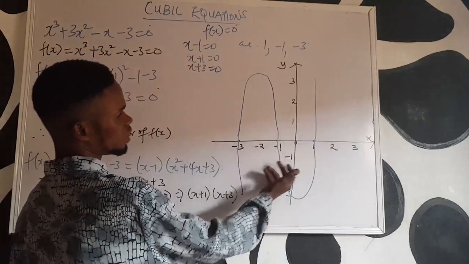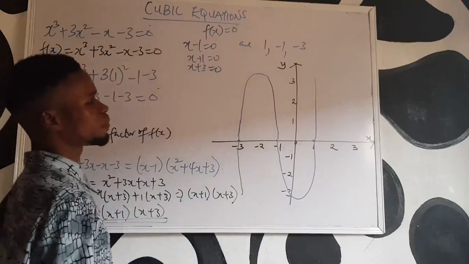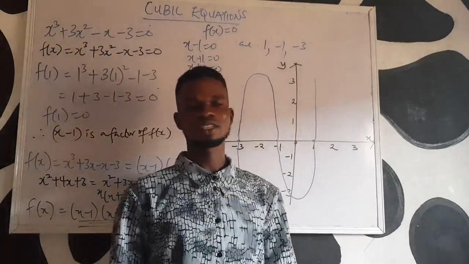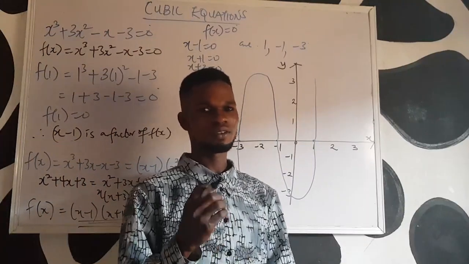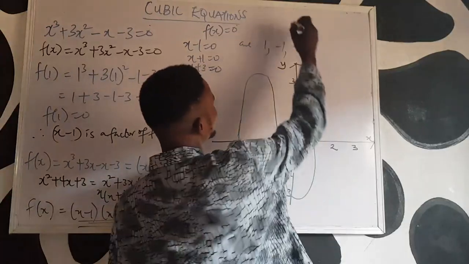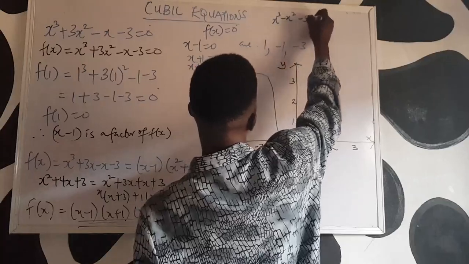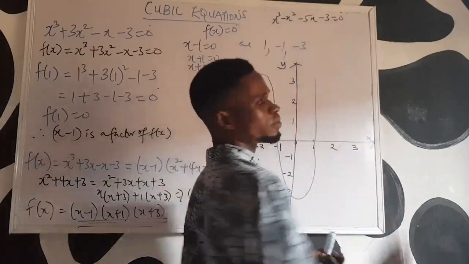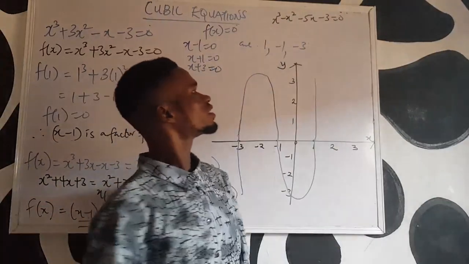Minus 3, minus 1, 1. They are the roots of the cubic equation. Let's try if we can find the roots of this cubic equation and also sketch it: x cubed minus x squared minus 5x minus 3 equal to 0. Let's see if we can find the roots of this and sketch it.